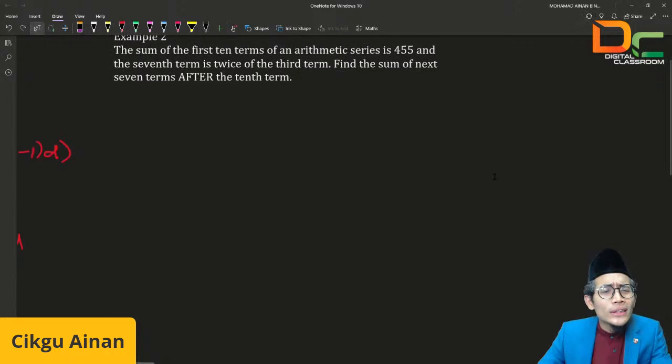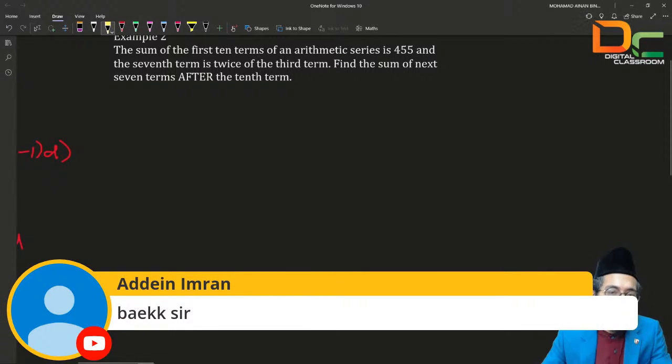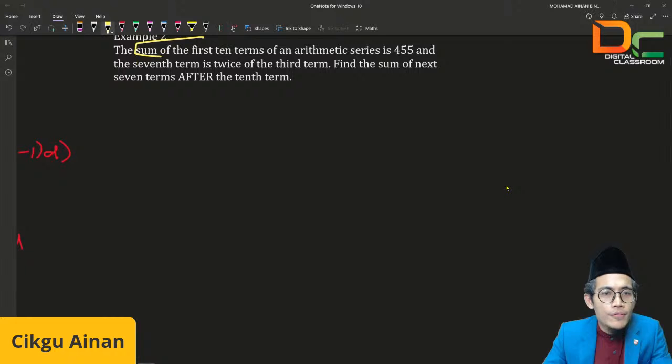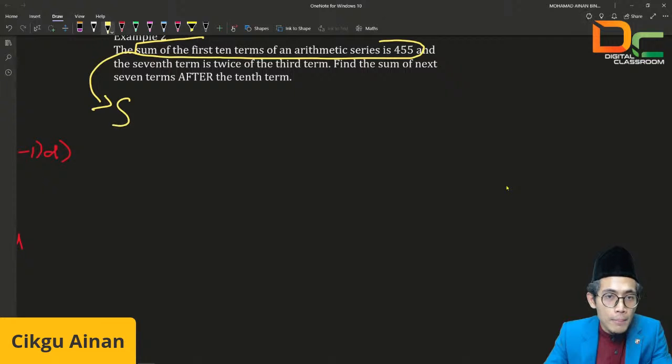Okay, so the sum of the first 10 terms, this one is also the same thing. The sum of the first 10 terms is 455. So this one means sum of the first 10 terms is equal to 455.